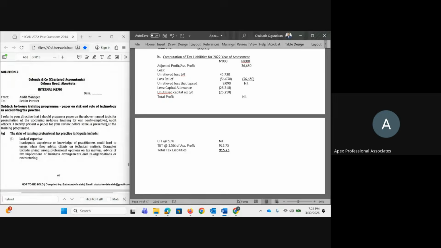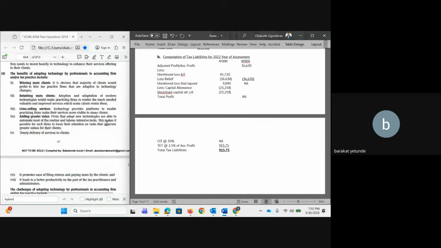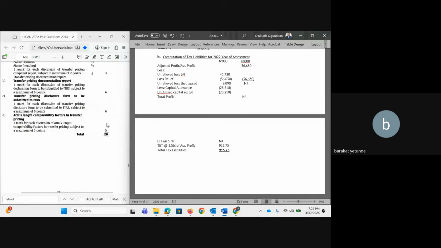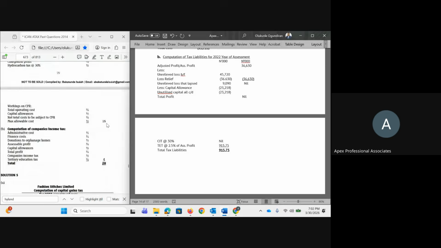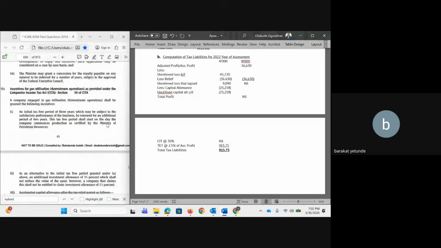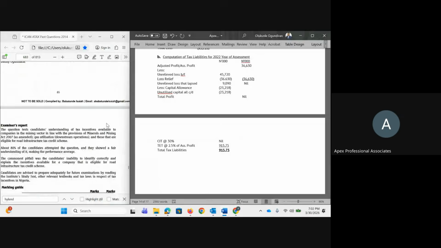Assuming they did not make a loss, are you saying there's no need of doing this adjusted profit or loss we did? Honestly, there's no need. You'll be wasting your time doing it. That's what it means.